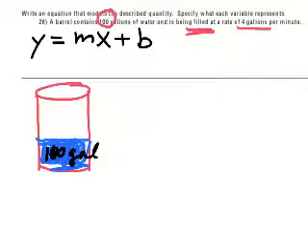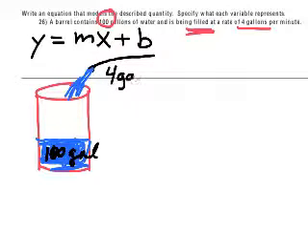Okay, and then it's being filled. So it's got 100 gallons in it, and it's being filled at 4 gallons per minute. So here we've got our rate, and there we've got our initial start.